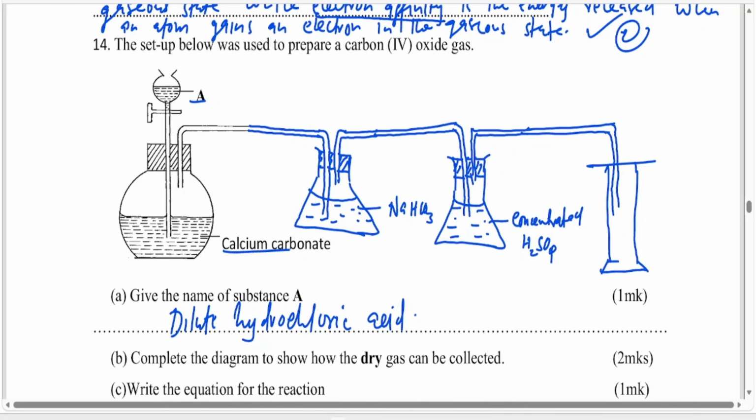And this becomes carbon dioxide gas. This is cardboard. This is delivery tube.